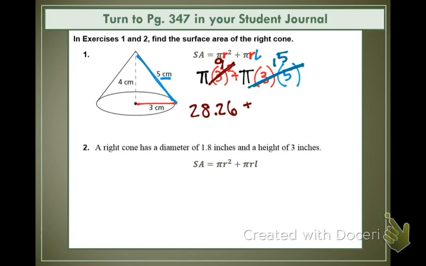And then do 15 times 3.14. 47.1. And now we add. 75.36. And this is surface area. So what are our units going to be? Centimeters. If it's an area, squared.